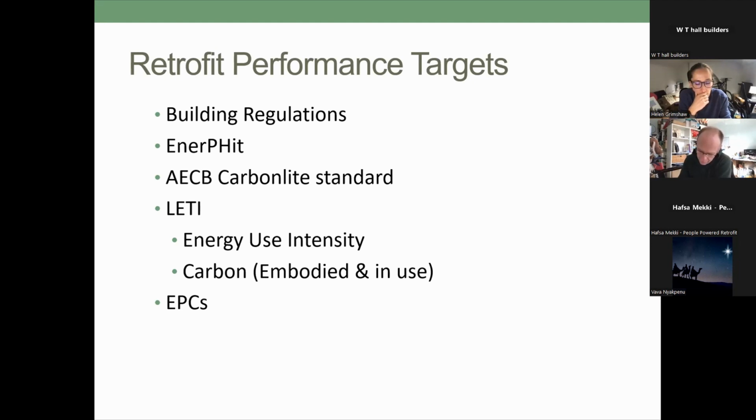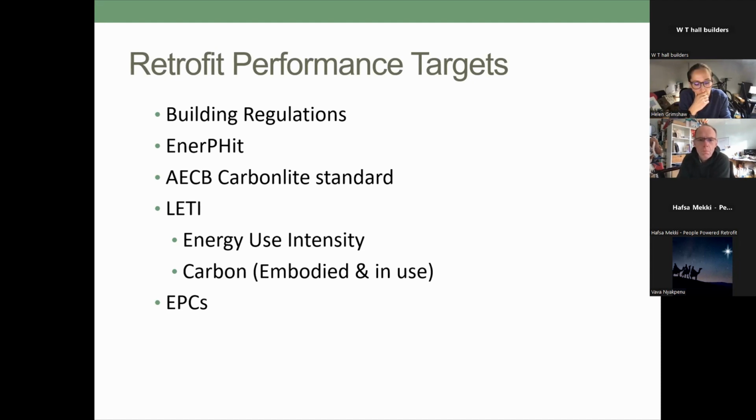The fear over the standards was that it was stopping people from doing anything whatsoever to their buildings. People were like rabbits in headlights: we don't know what to do, so we won't do anything. So the level 1 standard has been introduced as a very basic level, to give some recognition that people are doing something.